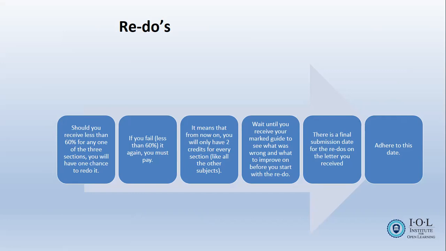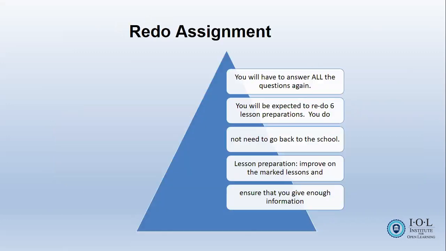The format of the lesson preparation forms will be available on your portal. Download it and please attend to it diligently, as there is a possibility that you can fail if you do not do your work well.